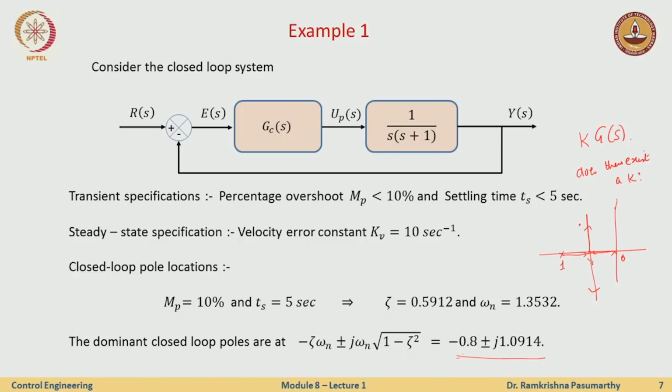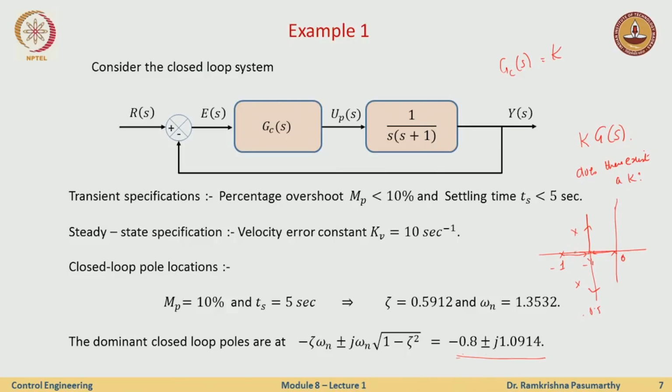If there exists a K, then my Gc would just be that K, a proportional controller. So, here I can easily see, this line is minus 0.59, this is minus 1, this is minus 0.5, and my dominant poles are somewhere here. So, what I see here is no matter how much I increase or decrease the gain, I will never be able to reach these points.